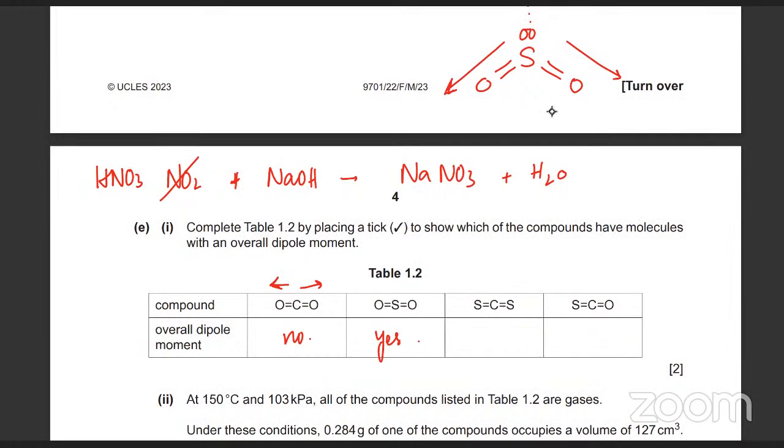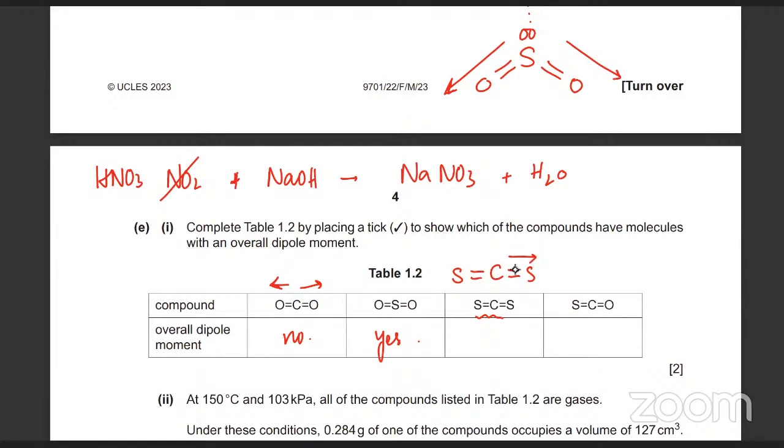CS2, what is the shape of C with 2 S atoms? It will be linear. Why? Because carbon has no lone pairs. So one bond would be on the right side, one bond on the left side. So it's going to be 180 degrees.